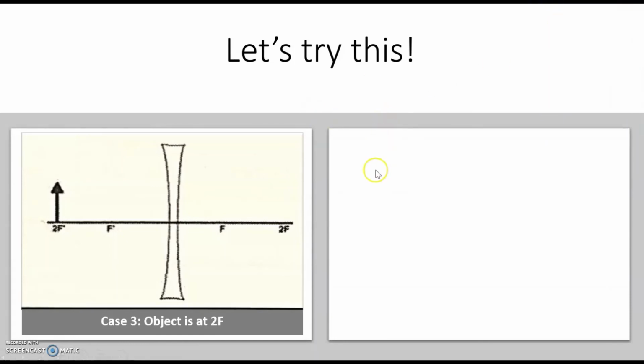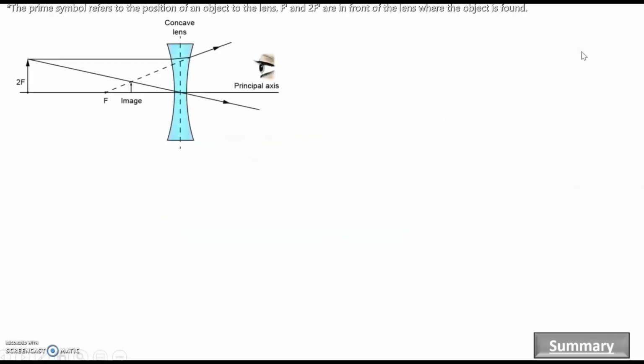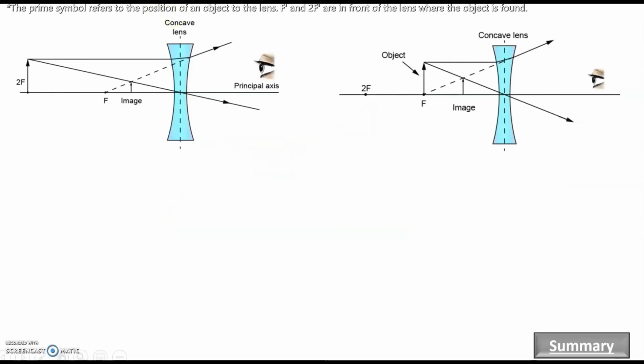Okay, time's up. Let us now compare your work with this one here. Try to check if you have done it correctly. Here you have the object placed at 2F and the image is formed somewhere here. For example, you have an object placed at 2F in front of a concave lens and an object placed at F in front of a concave lens.